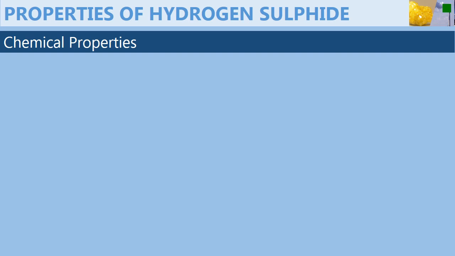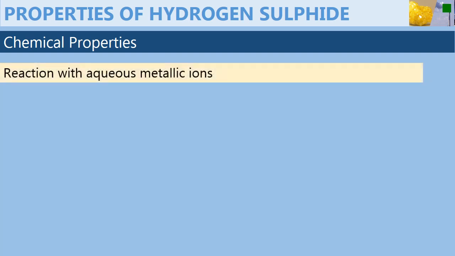Another chemical property of hydrogen sulfide is its reaction with aqueous metallic ions. When hydrogen sulfide is bubbled through a solution containing metal ions, it forms a precipitate of the corresponding metal sulfide.